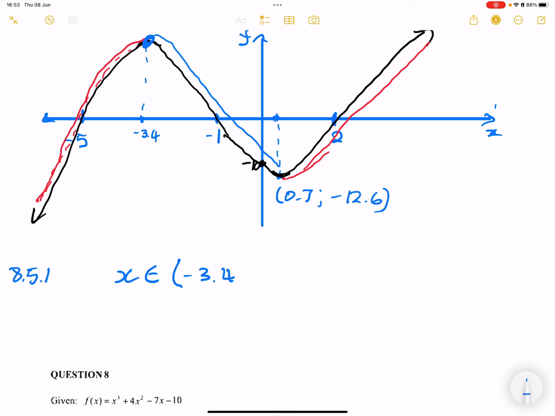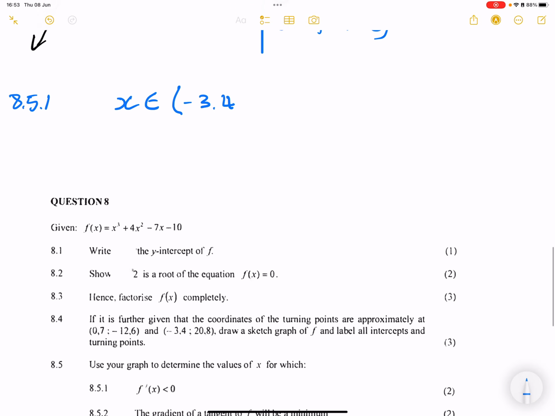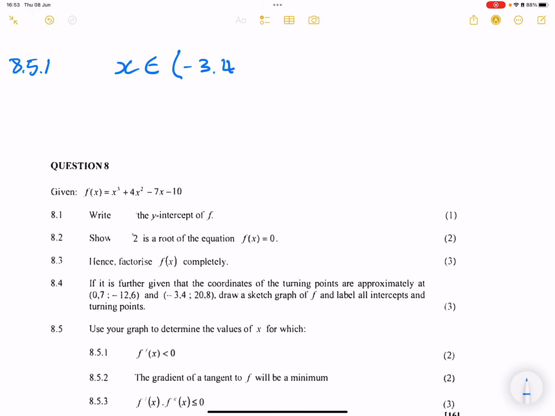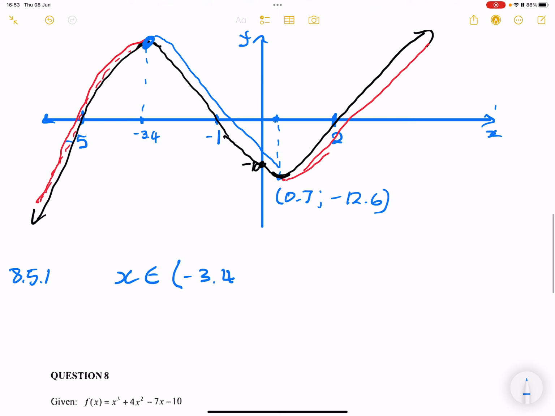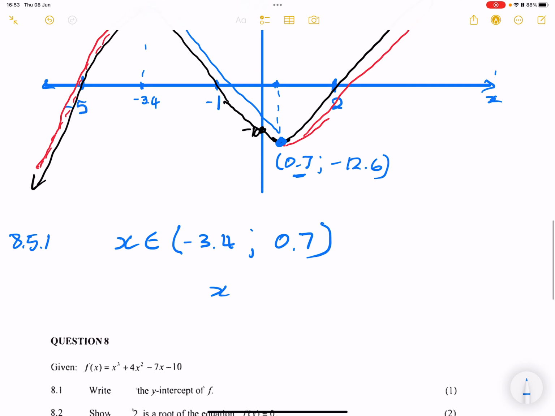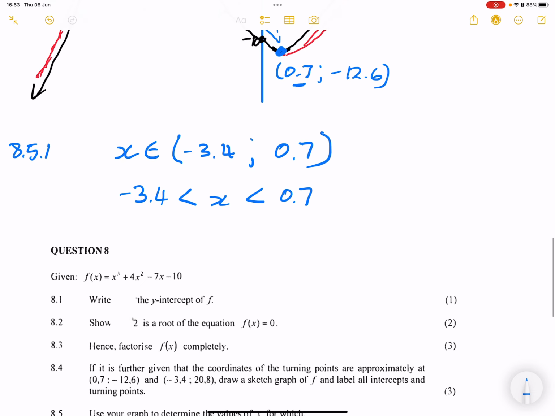We don't include that value because they only said where the gradient is less than 0, not less than or equal to. At the turning point, the gradient is 0. And then all the way until the next turning point, which is 0.7, for x less than 0.7. Or you can write this as x less than 0.7 and greater than negative 3.4. I hope that makes sense, ladies and gents.